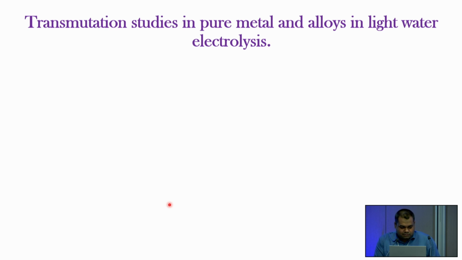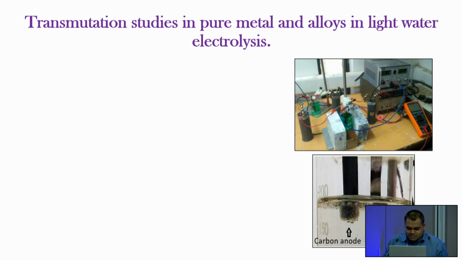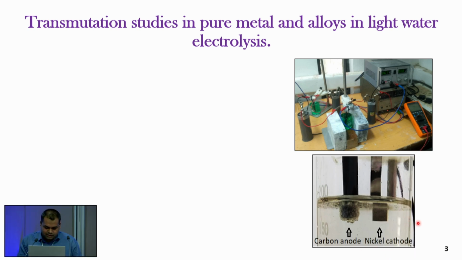The picture that you see is a typical setup of electrolysis, and it's very complex, but just to make it simple, I have a picture here. This is a carbon anode, and we have a metal cathode.